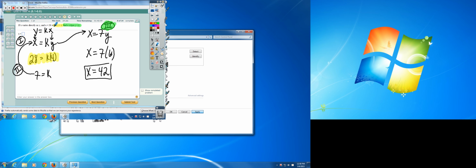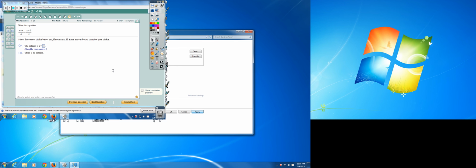And that's right there. So x is equal to 42. Next question.